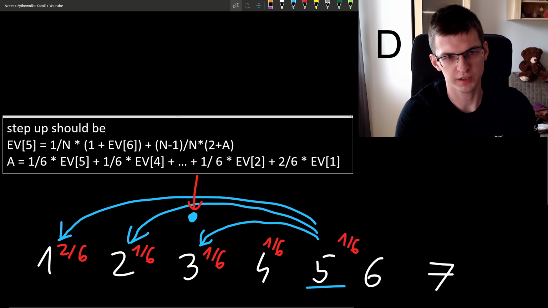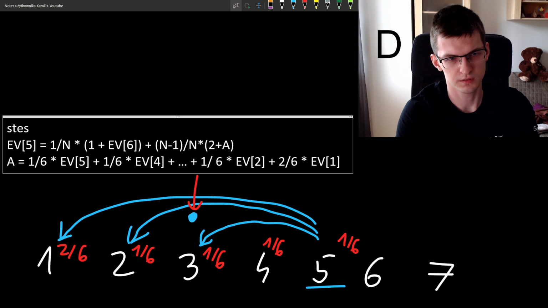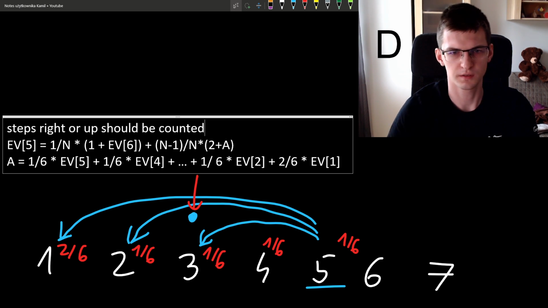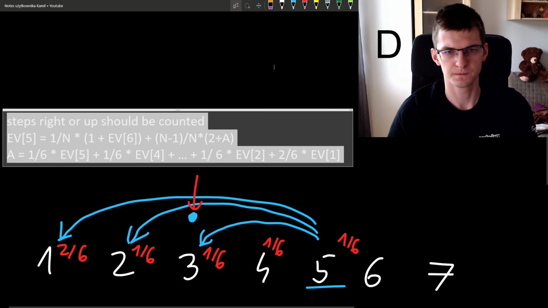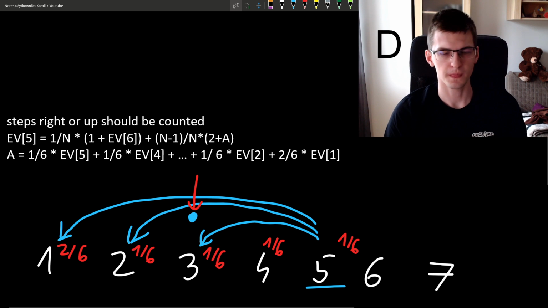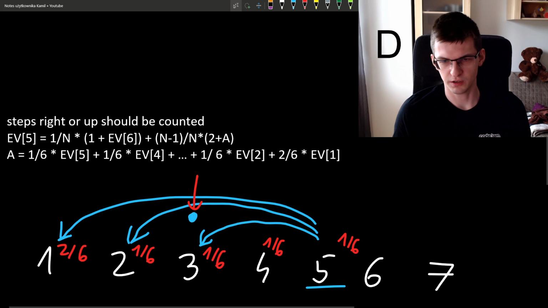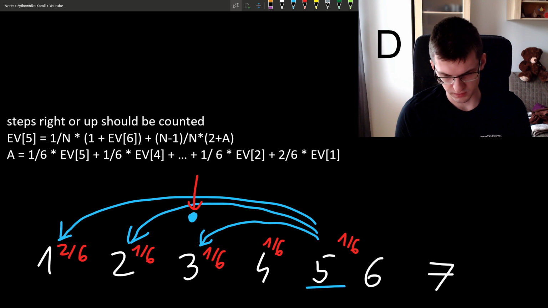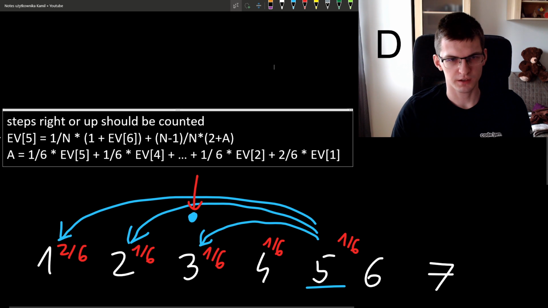Steps right or up should be counted, because they are related to assigning cookies, not unassigning. And to the left, I'm taking away a cookie. That's not a move yet. Okay. Then this counts a move to the right.